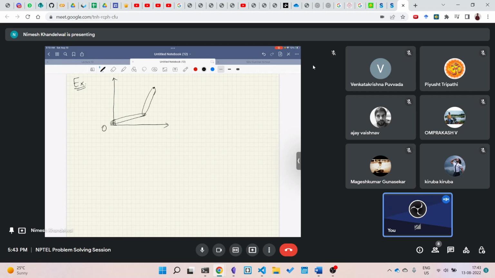Let us say that this is O, this is A, and the end effector is at point B, and the length of link 1 is L1, the length of link 2 is L2.